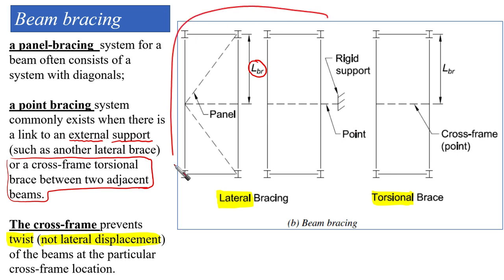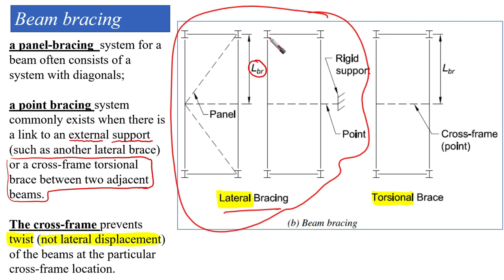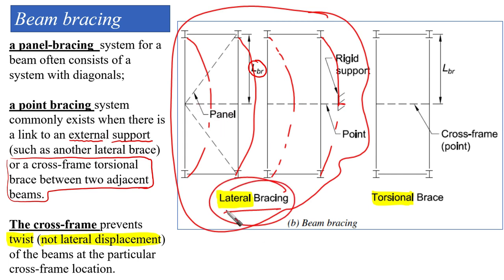In this case, we're talking about lateral bracing. We were afraid that this beam would go like this, and this beam would go like this, so we are going to provide some lateral stability, lateral bracing. However, in this case, the bracing that we are putting is not for lateral stability.